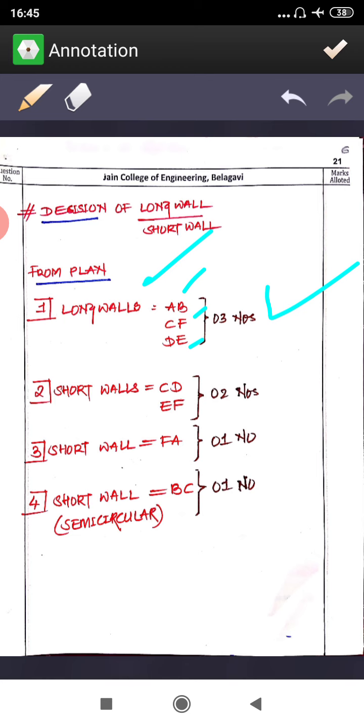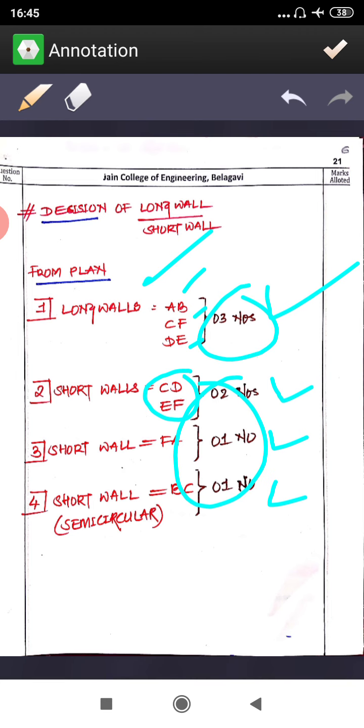Short walls, I'll be dividing into 3 sections. CD and EF have the same length, so those two with equal length we take as one short wall. Then FA as a short wall, then BC as a short wall. So totally 4 short walls and 3 long walls.